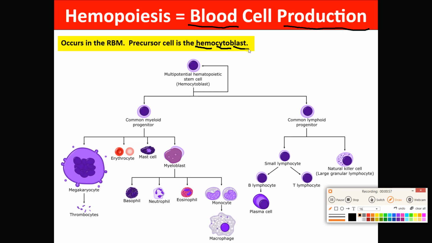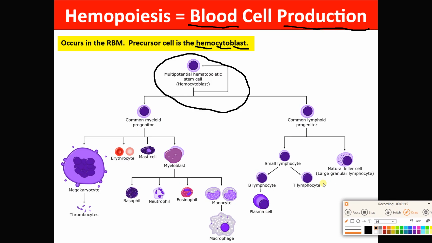Think back to AP1, like osteoblast, chondroblast, that sort of thing. So a hemocytoblast in the red bone marrow will undergo a variety of changes and turn into all of these different possible formed elements: blood cells, platelets, red blood cells, white blood cells, all different types.